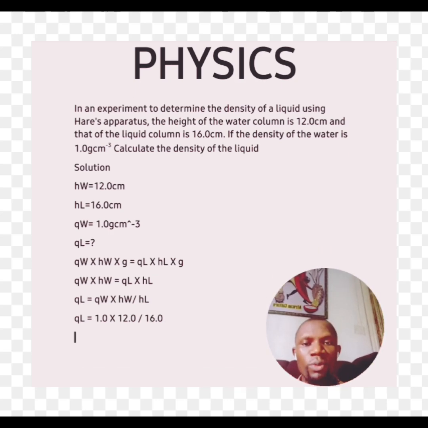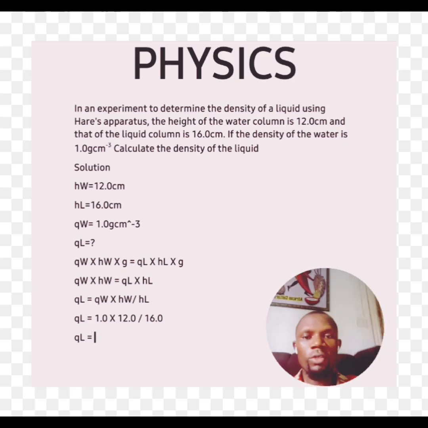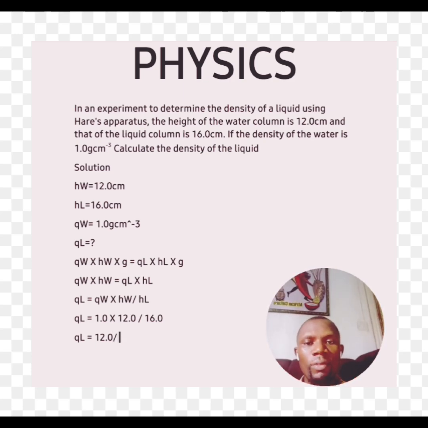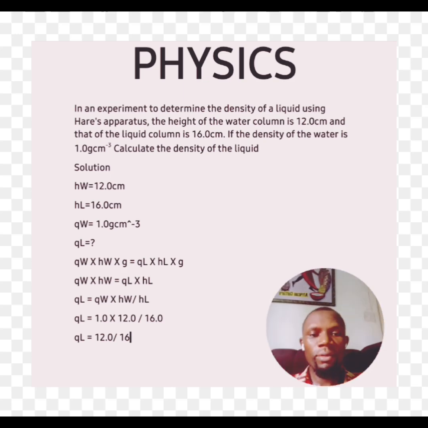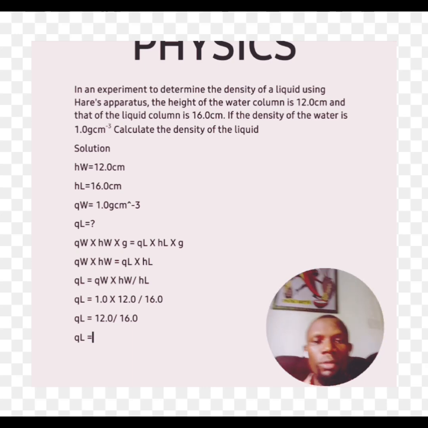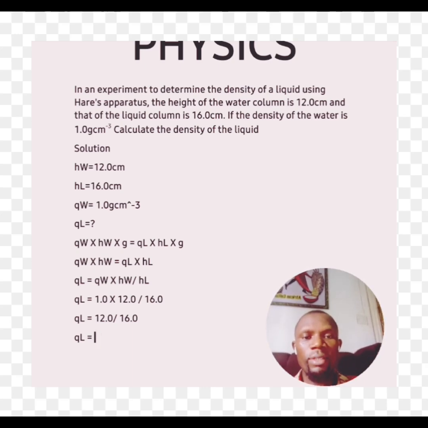Okay, so let's proceed. My density of liquid is equals to, look at how I'm taking my time bringing it out, so that it will be very crystal clear. So 1.0 times 12, I'll still have my 12.0 divided by 16.0. Okay, so my density of liquid is equals to 12.0 divided by 16.0.